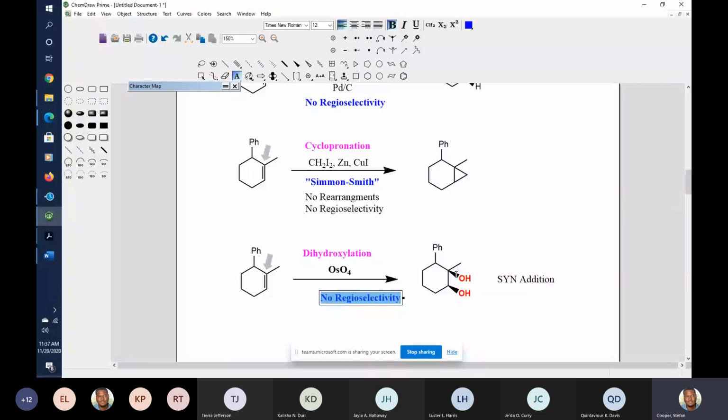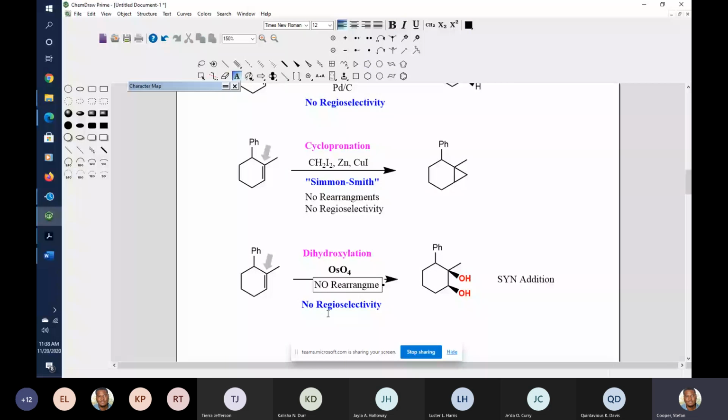Where did the larger atom go, to the more substituted side or to the least substituted side? You could not make that discussion here, because there's an OH here and also another OH there. So there's no discussion of regioselectivity here. And conveniently, this reaction occurs with no rearrangements.